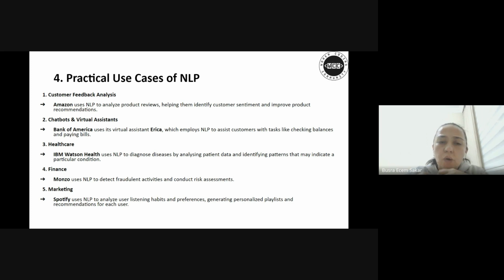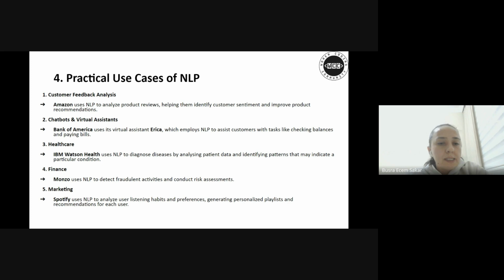filtering along with models like Word2Vec to understand song metadata and lyrics. And Spotify generates personalized playlists and recommendations by analyzing user behavior and metadata.